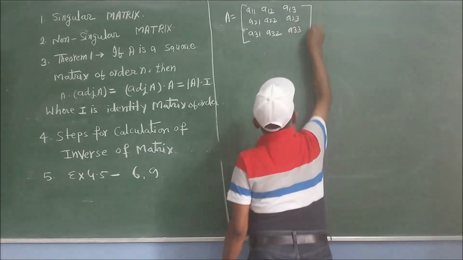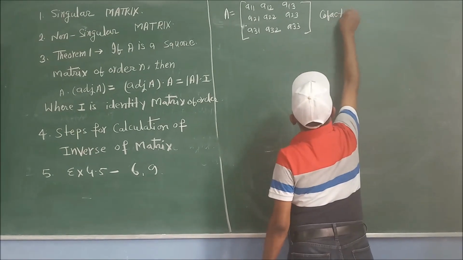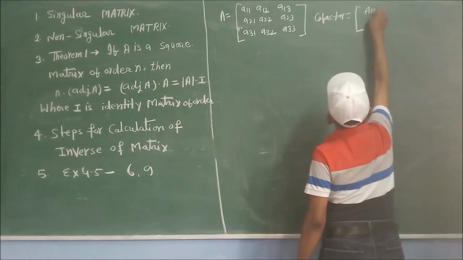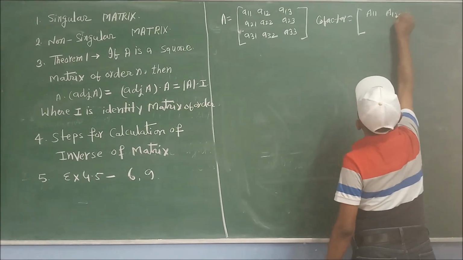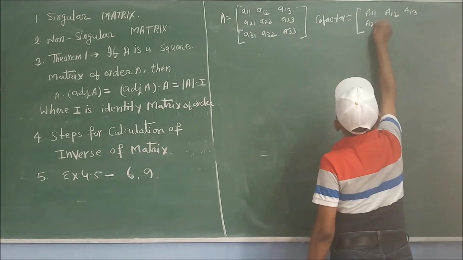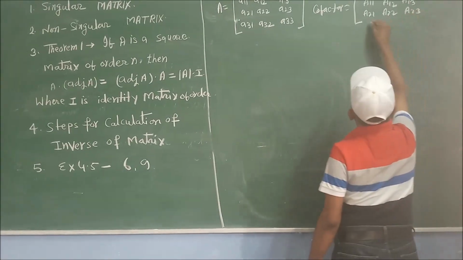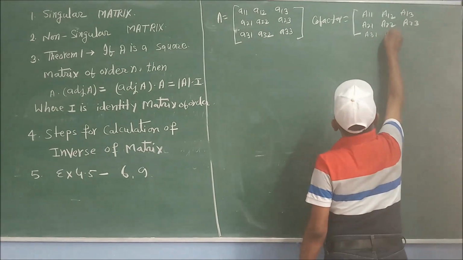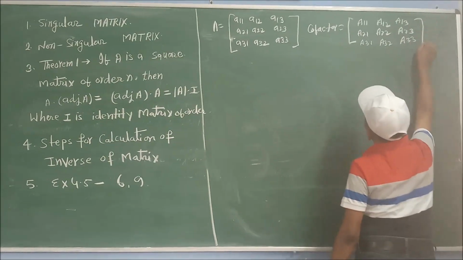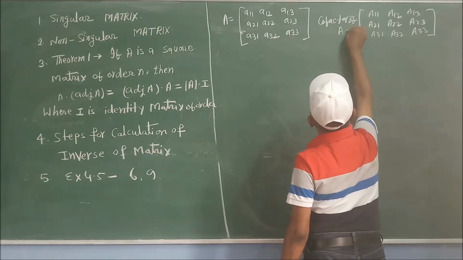And if we find the cofactor of A, this will be equal to capital A11, A12, A13, A21, A22, A23, A31, A32, A33. This is the cofactor matrix of A.